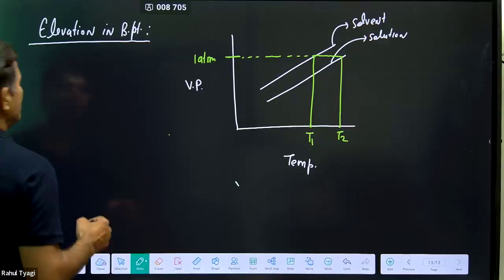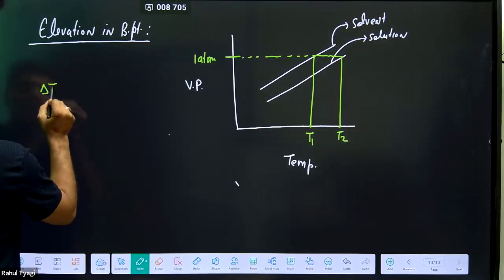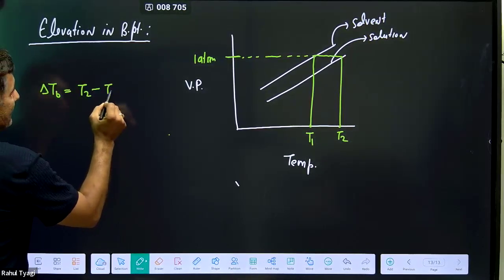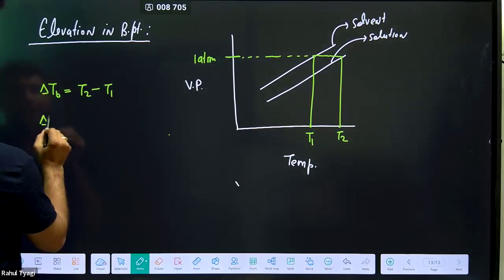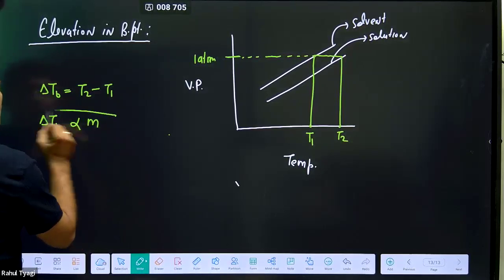What we have observed: delta TB is equal to T2 minus T1. And delta TB is directly proportional to the molality.